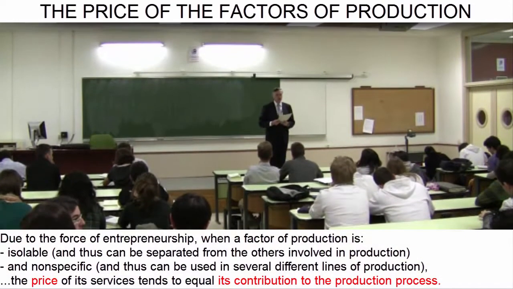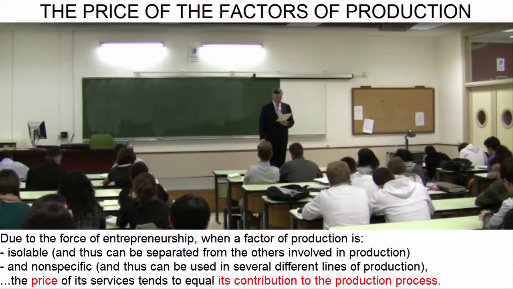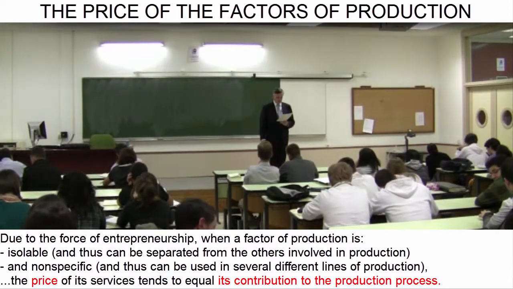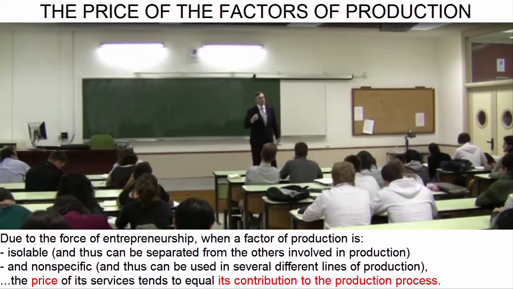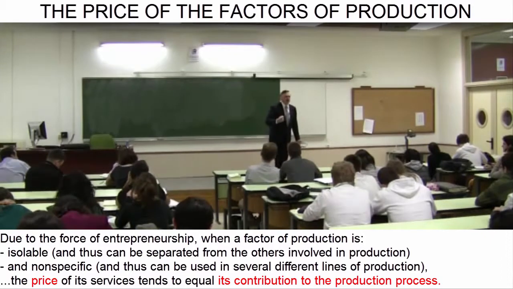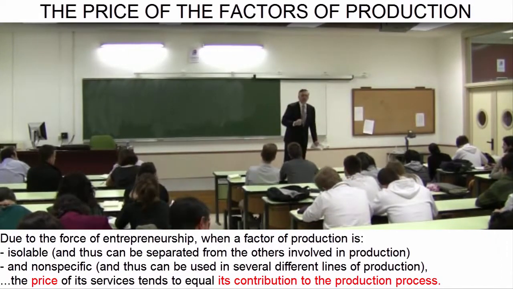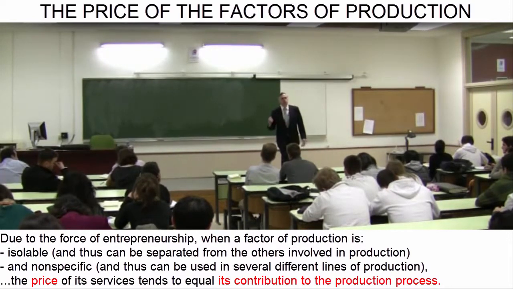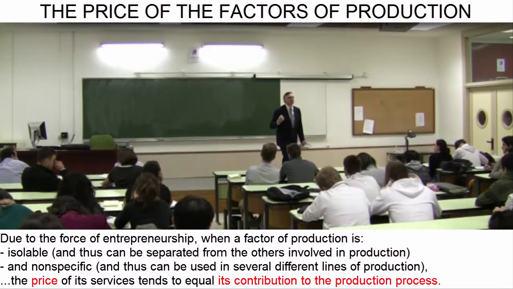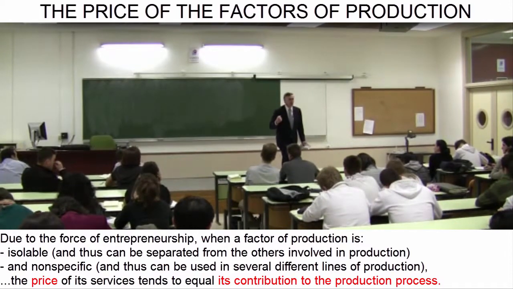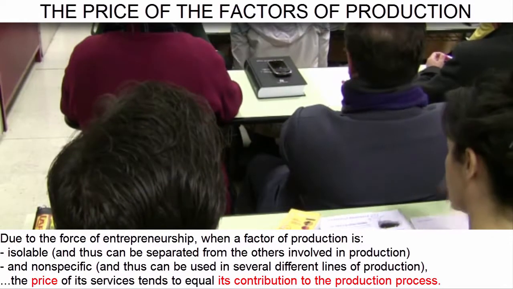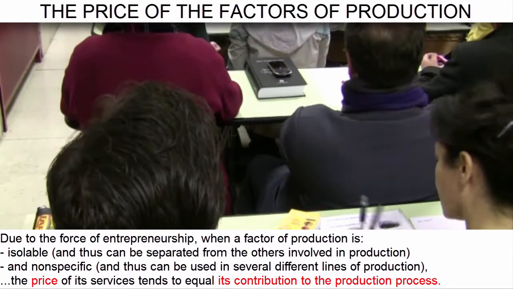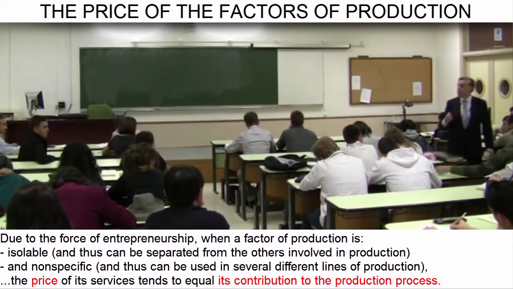I will show that, without anyone's direction from above, without any order from a government department or planning agency, nor any decree, an extremely powerful force exists in the market and is driven by the entrepreneurship of each and every one of the participants. That is, the billions of men and women who make up the economy. And this force determines that each person, each factor of production, tends to be paid the value of the contribution that factor makes to the production process.